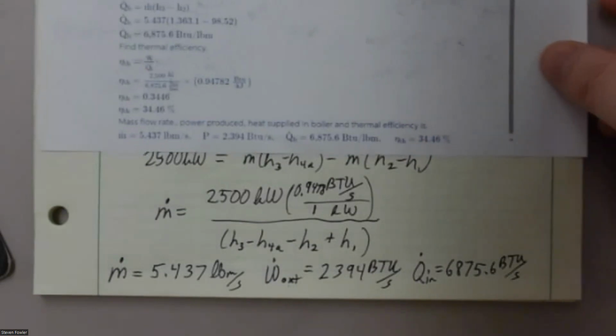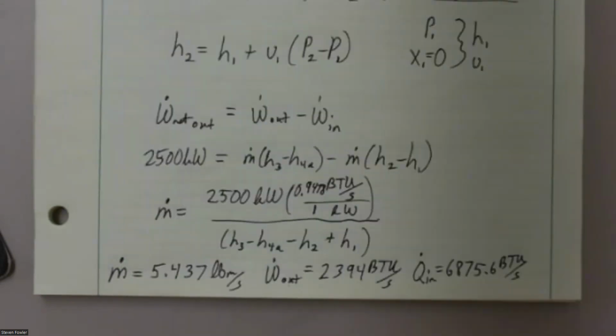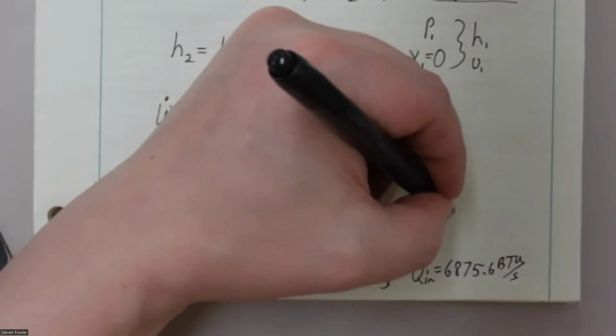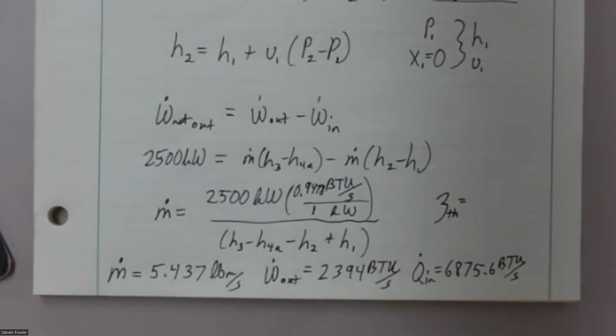We didn't talk about efficiency yet. How do we find the thermal efficiency for any heat engine? By definition, what is efficiency? Yeah, actual over ideal, or what you want over what you had to do to get it. In an engine, what do you want out of the engine?